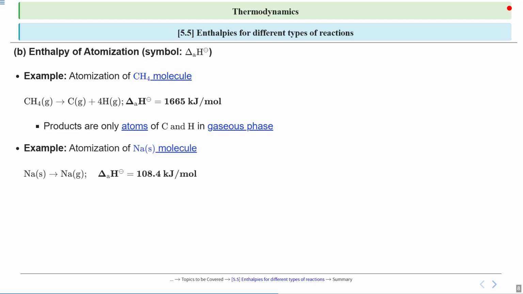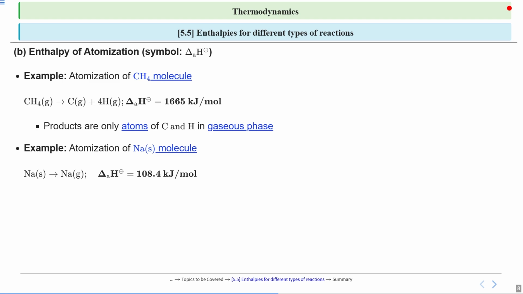Now, let us talk about a very interesting example. What is that interesting example? That is sodium solid. What are we doing in this process? We are converting our sodium solid into sodium gas. Why are we not saying that sodium is already present in the atomic phase?